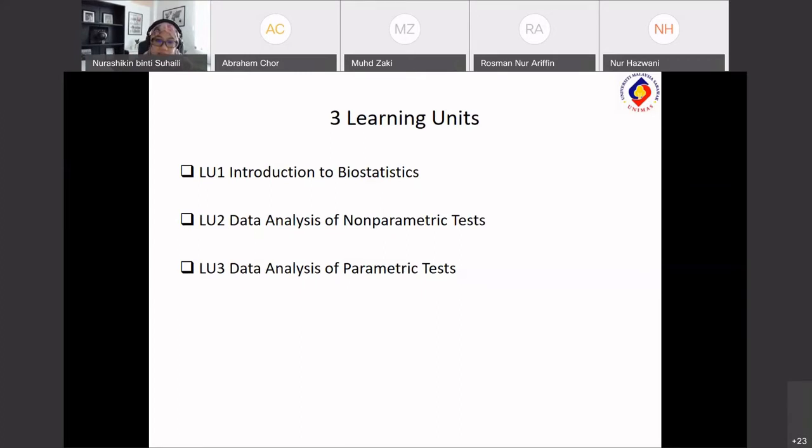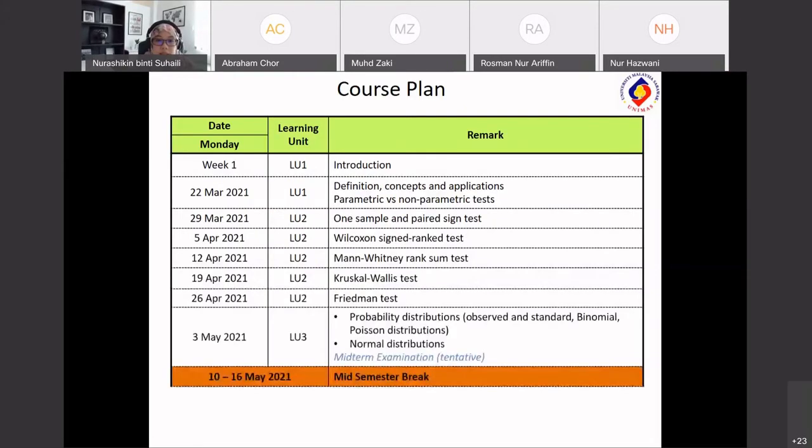So there are some subtopics under non-parametric tests. And the last topic is LU3, which is data analysis of parametric tests. Also we have several lectures under LU3. Okay? So these are just the main topics, the main learning units. This is the breakdown of the learning units.